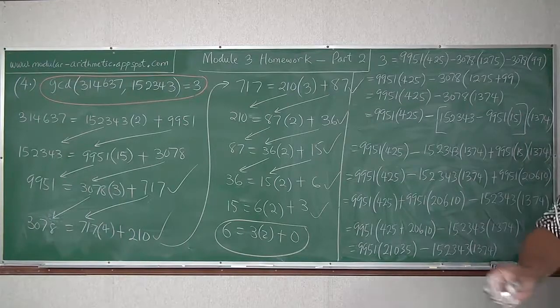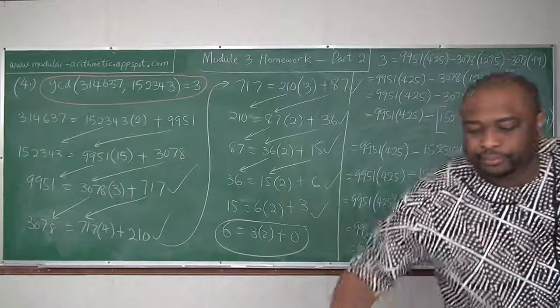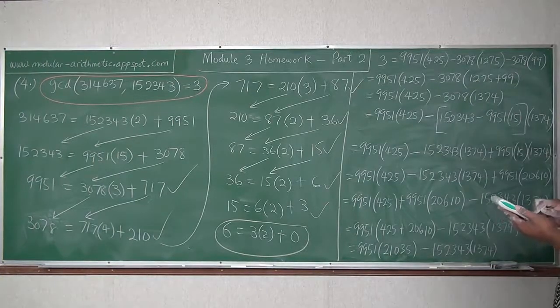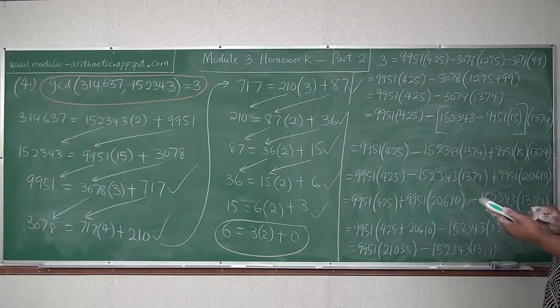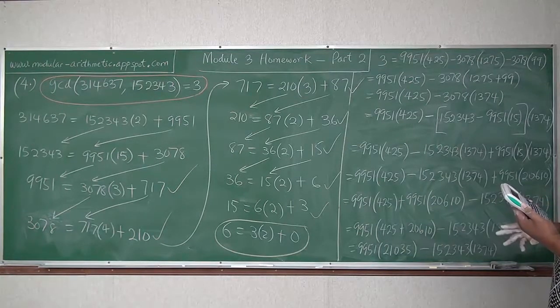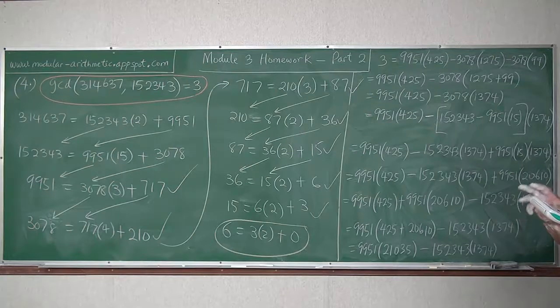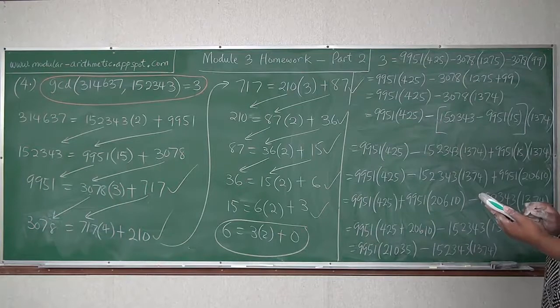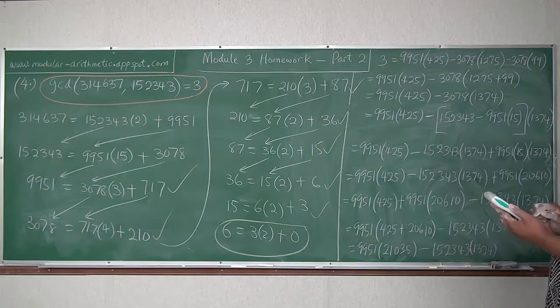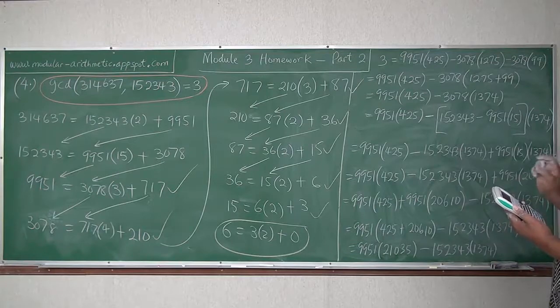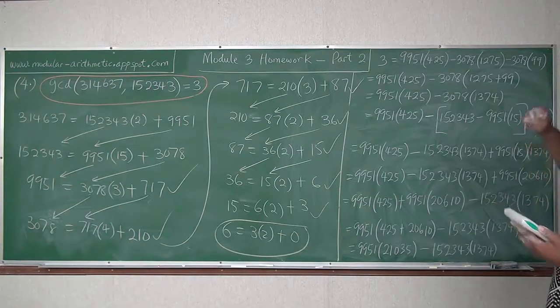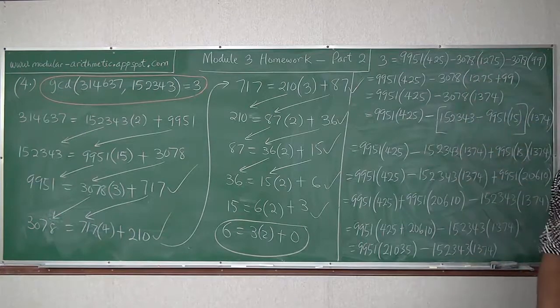All right, let's check this. 9951 times 21035. Ooh, it gives us 209319285. Okay, 209319285, and then you do 152343 times 1374. It gives you 209319282. Yes, the difference is still 3. Good. Thank God, the difference is still 3.